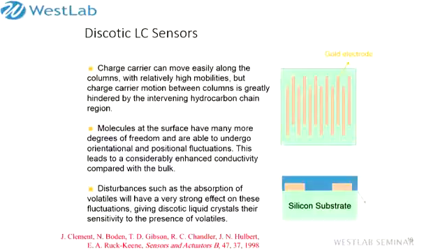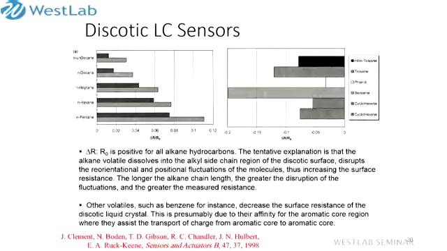Molecules at the surface have many more degrees of freedom and are able to enter orientational and positional disorder. This leads to considerable conductivity compared with the bulk. ΔR over R naught is positive for all alkane hydrocarbons.